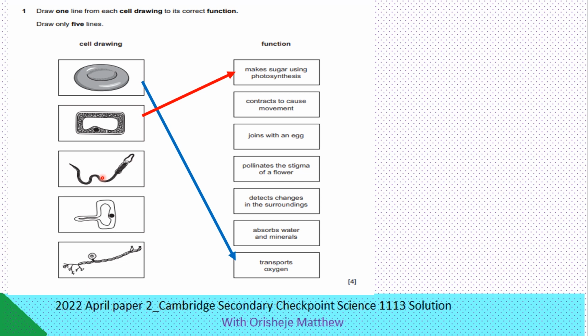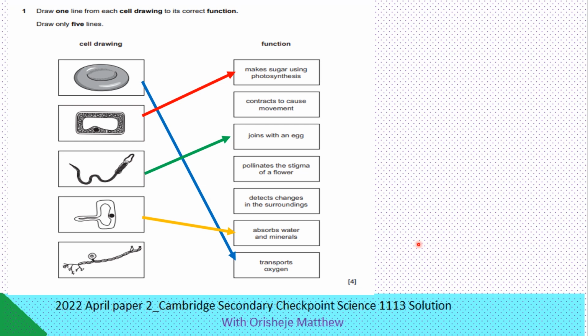So we have chloroplast makes sugar during photosynthesis. The sperm cell joins with an egg. Root hair absorbs water and minerals from the soil for the plant.